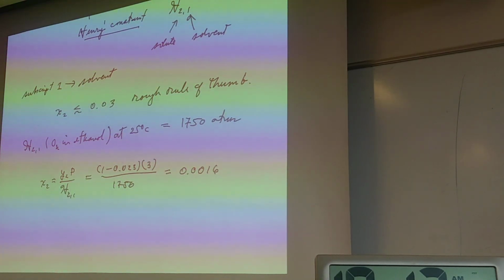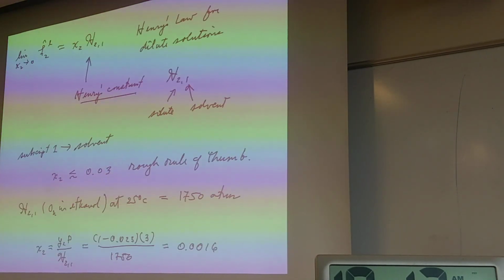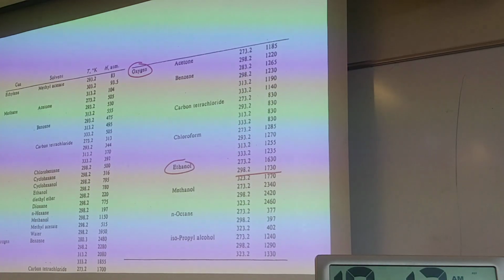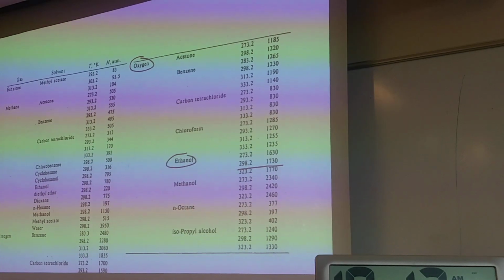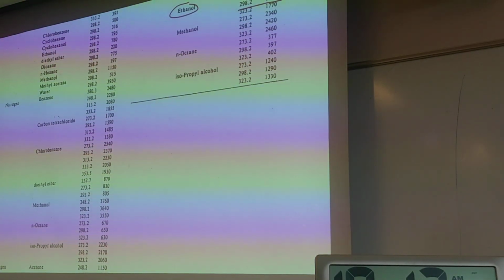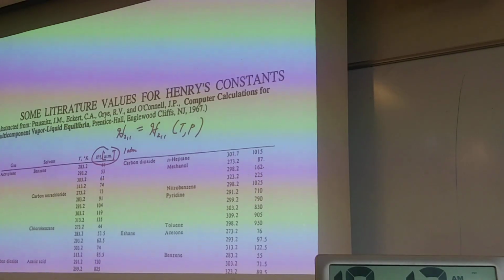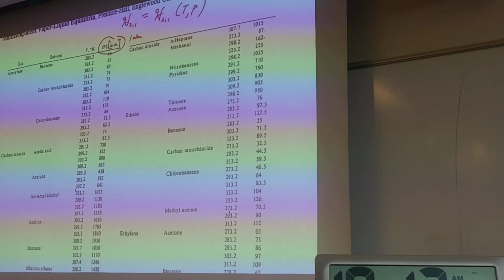Well, again, let me go back to the table of Henry's constants. We notice that for most of the situations we're given a range of temperatures. And it looks like the Henry's constant varies fairly significantly with temperature.